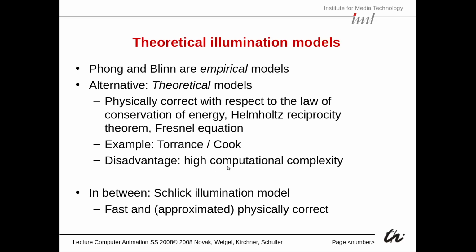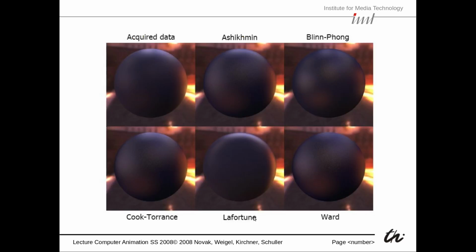Disadvantage is high computational complexity. Right? We really need to simulate with high precision. So in between we have the Schlick illumination model, which is fast and approximately physically correct. Here you can see different results, and you can see they all more or less look okay, but have their fine differences.